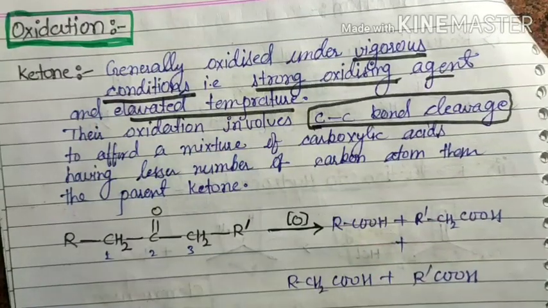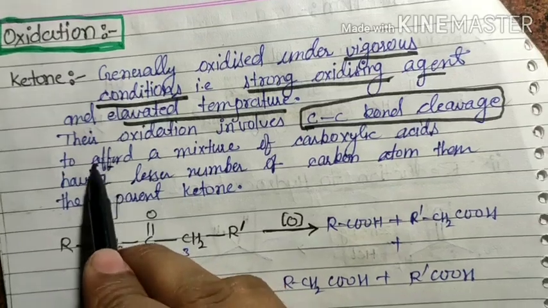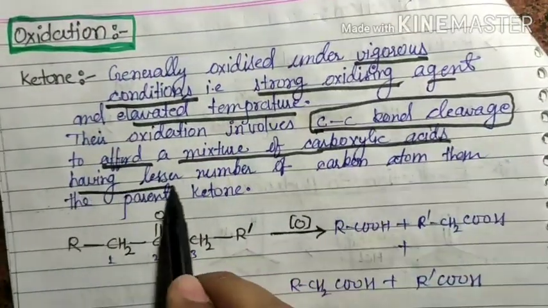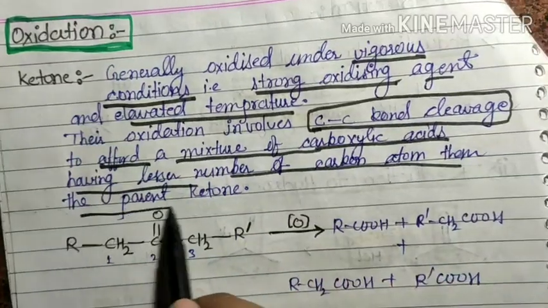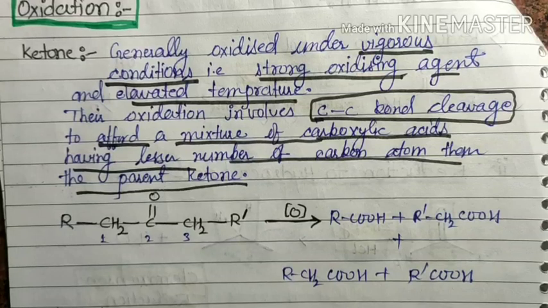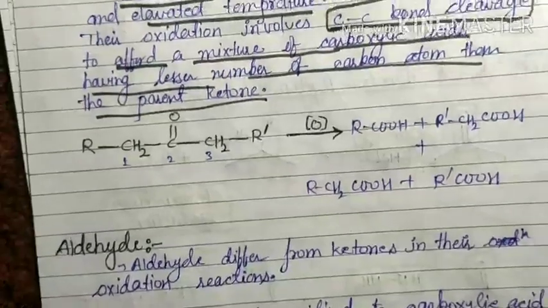If the ketone is oxidized, there is carbon-carbon bond cleavage to give a mixture of carboxylic acids having a lesser number of carbon atoms than the parent ketone. This is an example from your NCERT book.